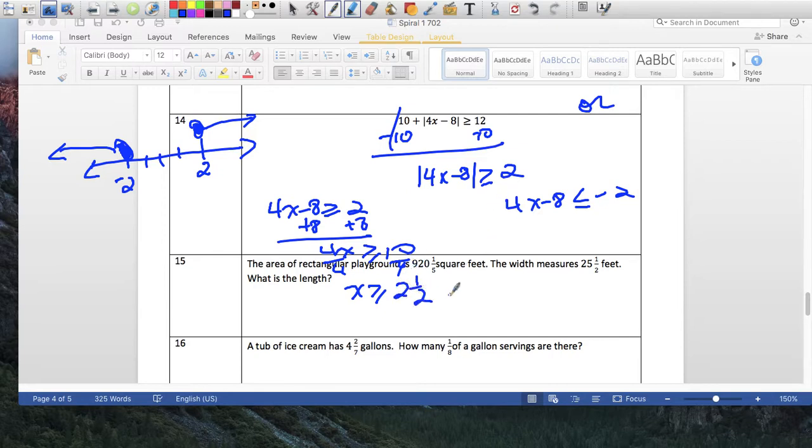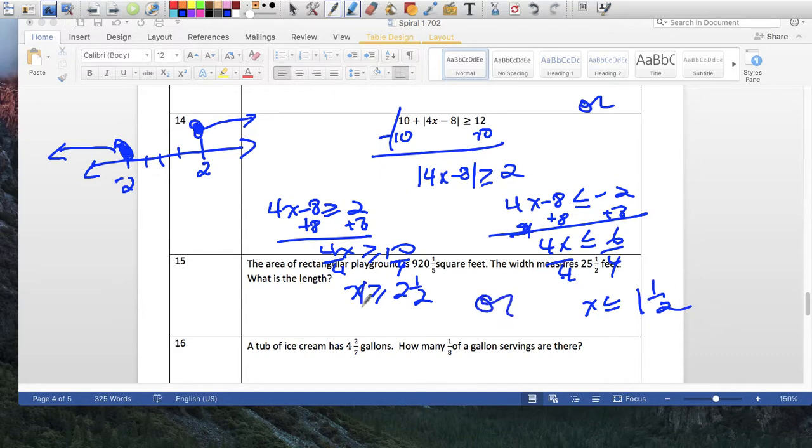And plus 8, you get 4x less than or equal to 6. Divide by 4, and x is less than 3 over 2, or 1.5. So that would have been your answer.